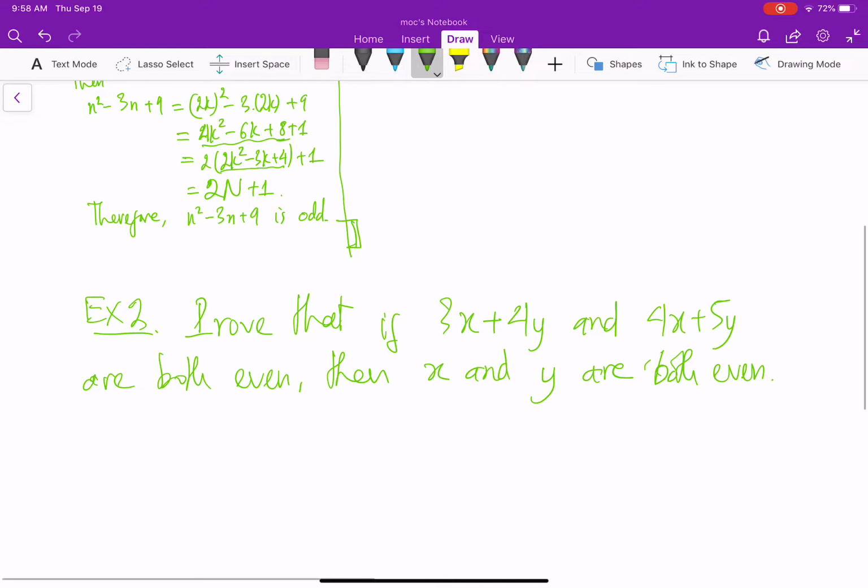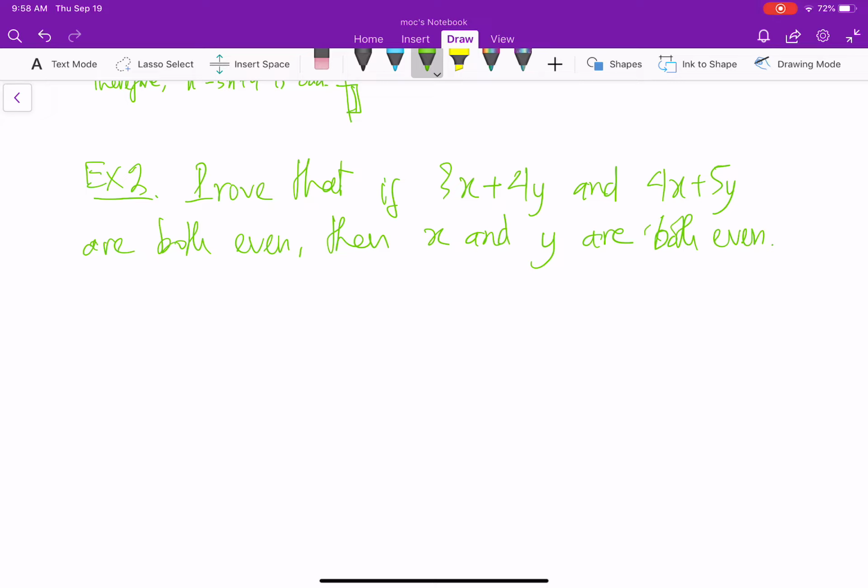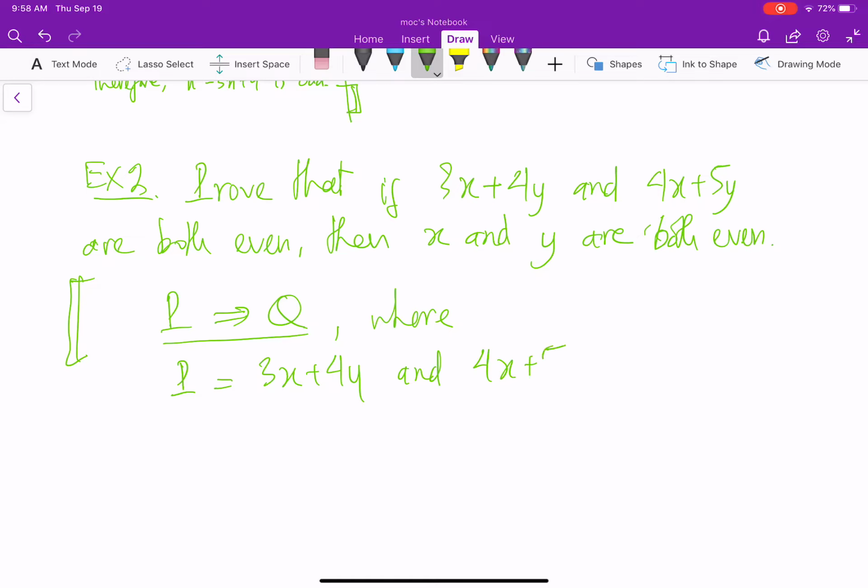That means we have to show the implication P implies Q, just an observation, this is not the start of the proof. P is: 3x plus 4y and 4x plus 5y are both even.